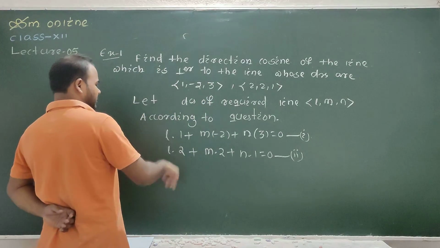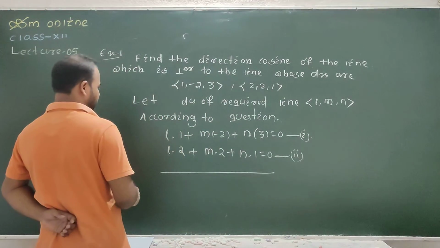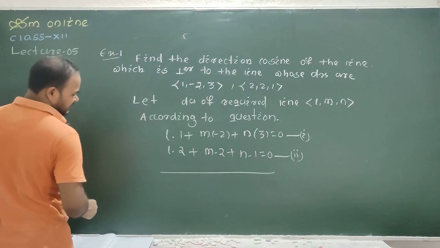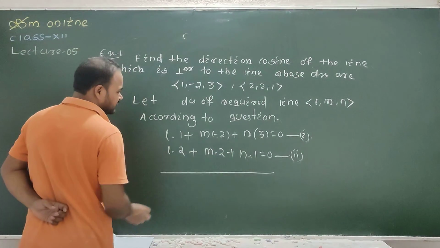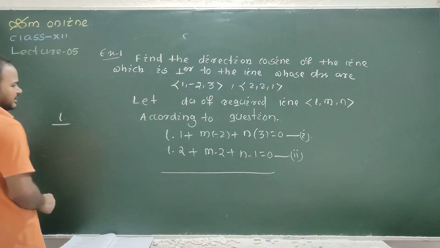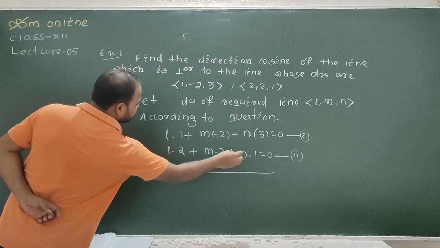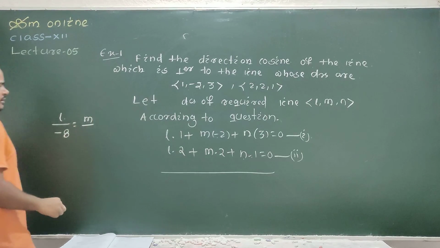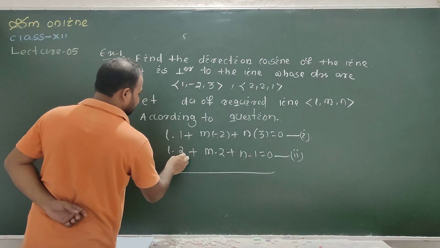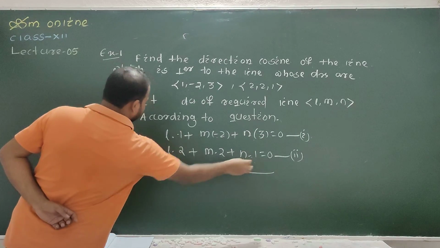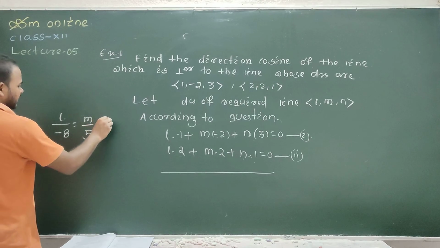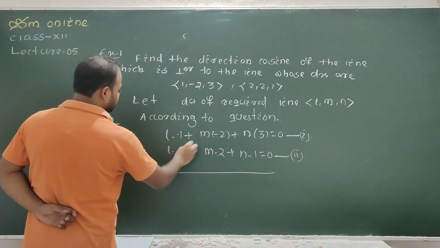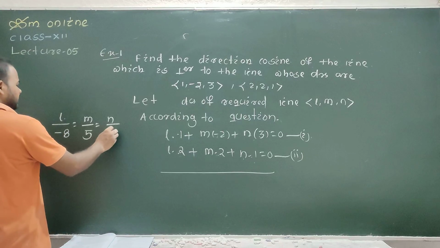Solving these two equations by cross multiplication, we get L upon minus 2 minus 6, which is minus 8, equals M upon 3 plus 2 times 3, that is 6 minus 1, which is 5, equals N upon 1 into 2 plus 4, which is 6.